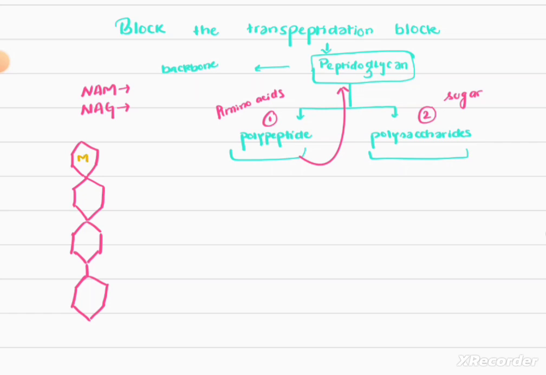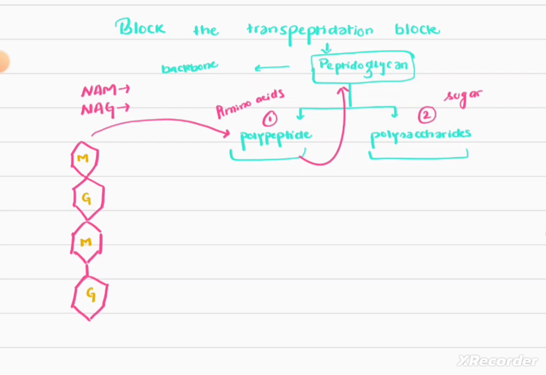And these sugars, I'm going to write M and G. So M means NAM, sorry, and G means NAG. So these sugars are connected to each other and they make the whole polysaccharide chain.